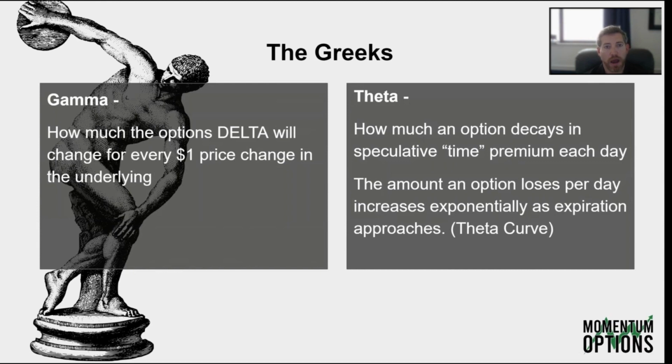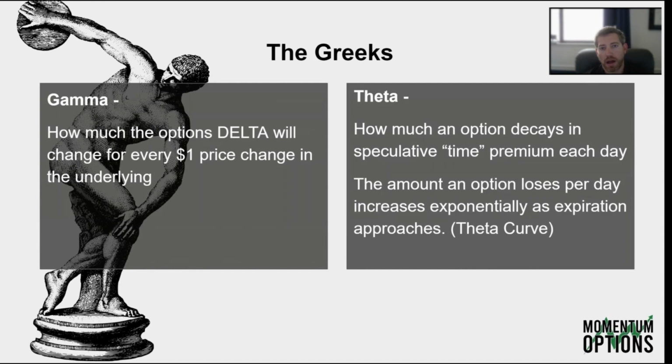For the option that expires today, a $1 move in price might turn that option into an 80 delta, whereas a $1 move in price on the 3-month option might only make it a 52 delta. So the gamma is going to increase exponentially as expiration approaches.